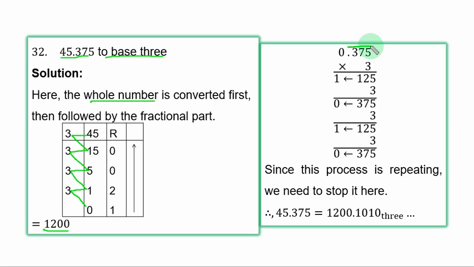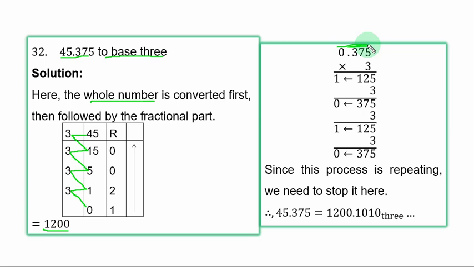If you remove 45 from where it is now, what you have is 0.375. Remember, it is the digits after the point that you multiply continuously and you record the remainder under 0.